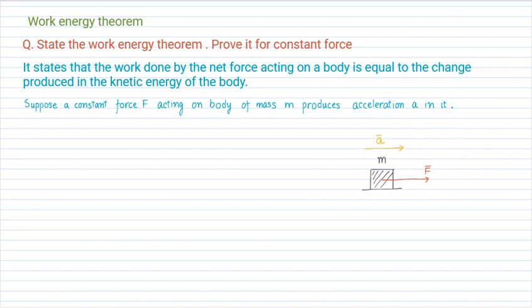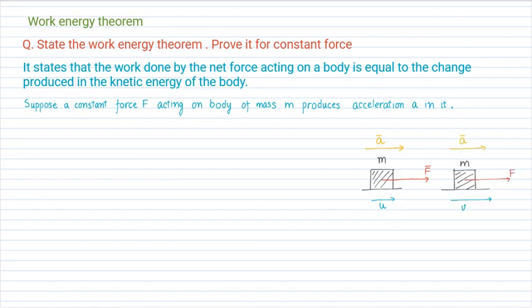So what it means is that if the body is in motion, let us say the body is moving with a velocity u, because of this force, an acceleration comes into the picture. This acceleration increases the velocity with which the body was moving in the forward direction from u to, let us say, v.